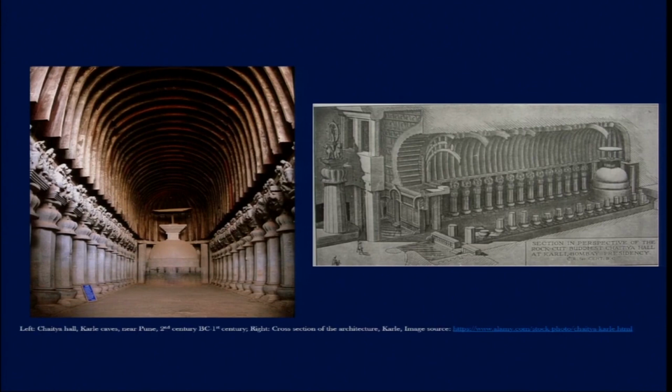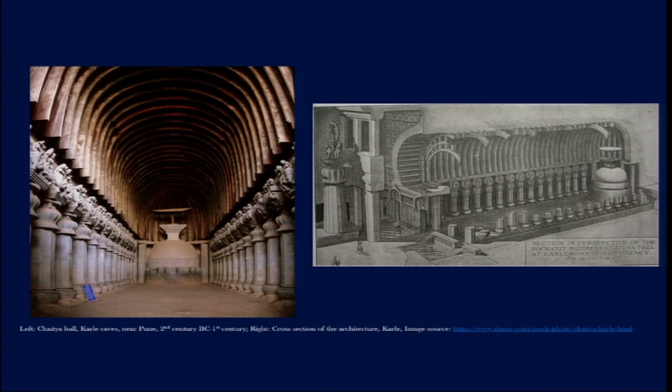There are some cells situated by those Chaitya halls, very simple and basic. Those are used by the monks and the nuns for staying there, and apart from that all of them would gather in these large Chaitya halls. For this idea of gathering, these Chaitya halls are large in their proportion.